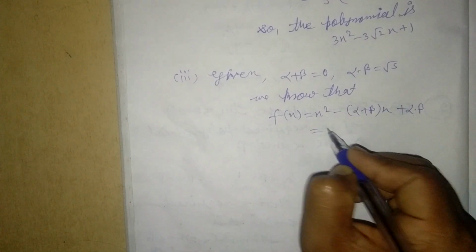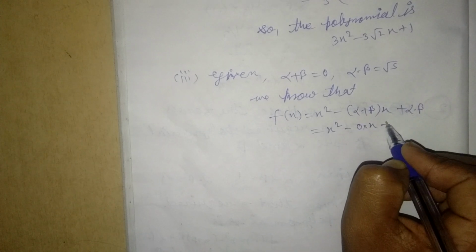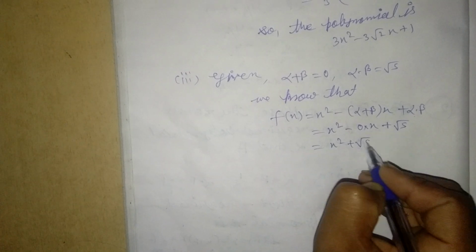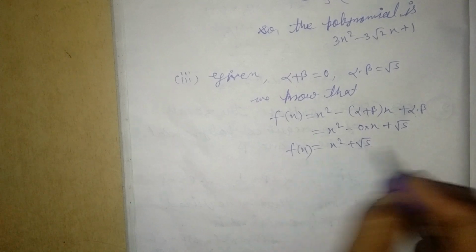In product form, x square minus 0 into x plus under root 5. You will get x square plus root 5. Okay, so it is our polynomial. In this there is only one answer, because there is no fraction term.